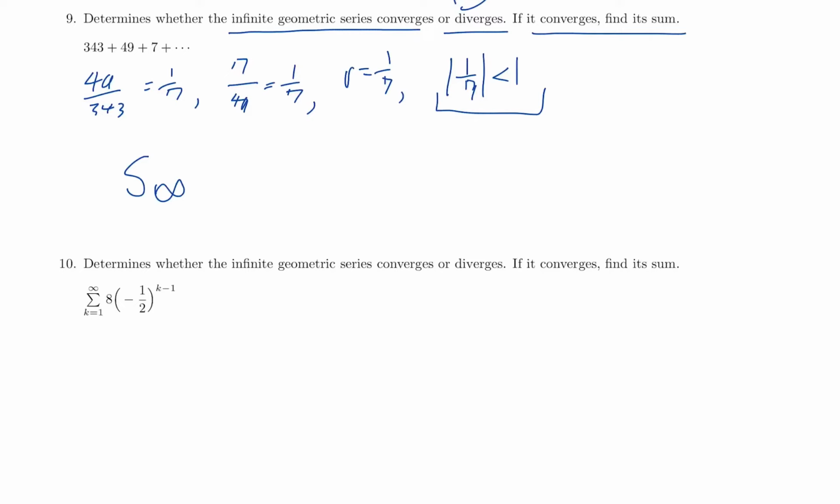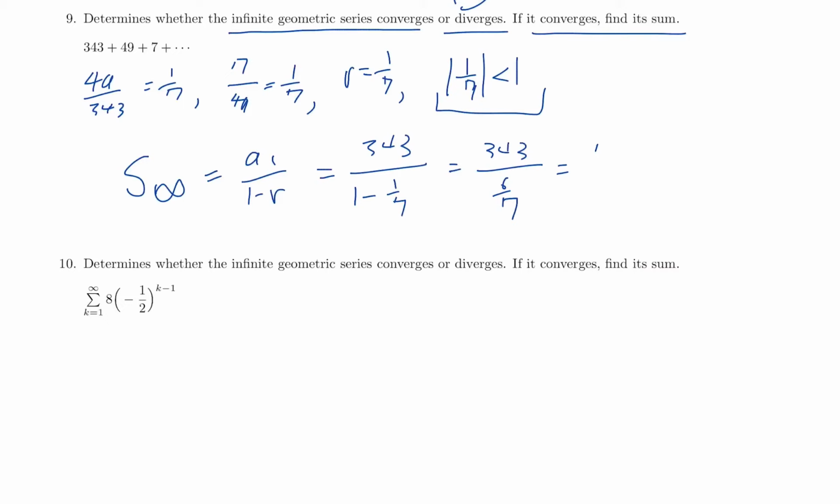It converges to what? We'll use this formula: first term over 1 minus r. The first term is 343 over 1 minus 1 over 7, which is 343 over 6 over 7.